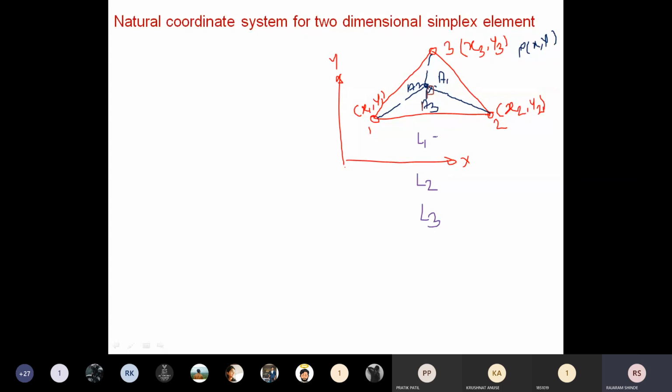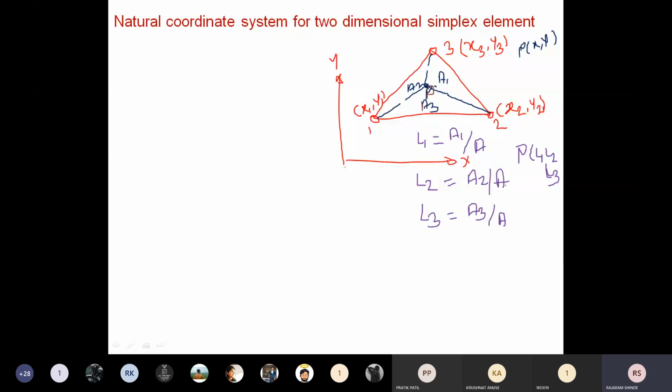Now L1 is defined as A1 upon A. Next, L2 is defined as A2 upon A. Here A is the total area of the triangular element, and L3 is defined as A3 upon A. So point P has three natural coordinates L1, L2, L3.